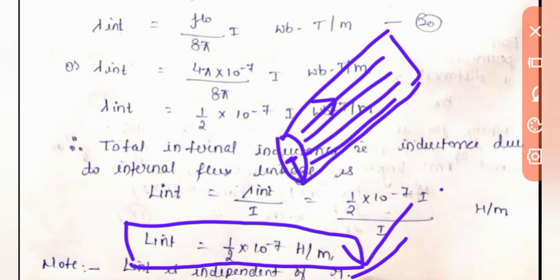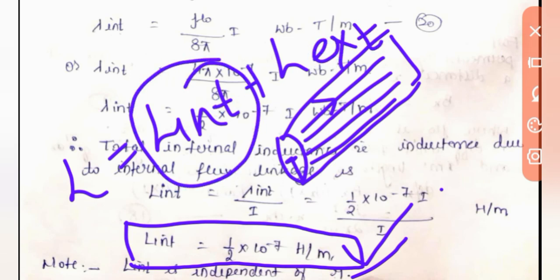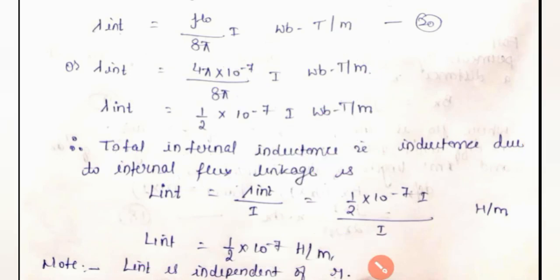It is independent of the R and it is always constant. ये हमेशा constant रहेगा. और total inductance है that is L equals L internal plus L external, ये हमेशा constant होगा. ठीक है. This is it for today, and in my next video lecture I will discuss the external inductance of a single current carrying conductor.